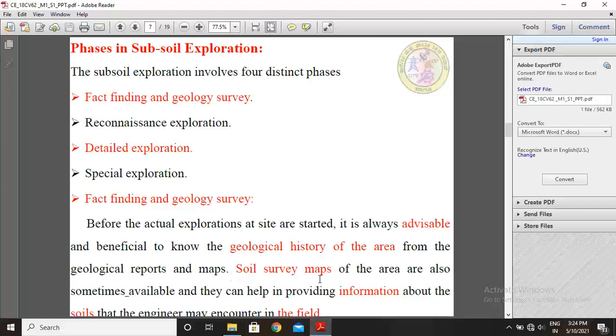Soil survey maps of the area are also sometimes available, and they can help in providing information about the soils that the engineer may encounter in the field. Based on these soil maps and geological maps, sites can be identified.